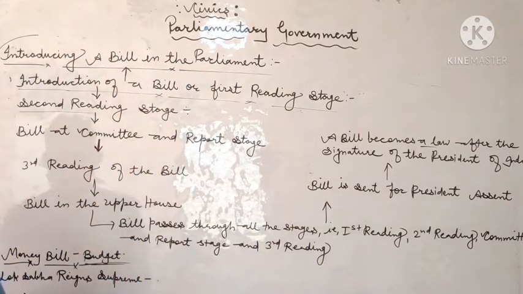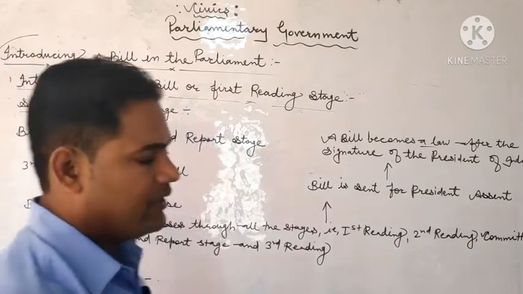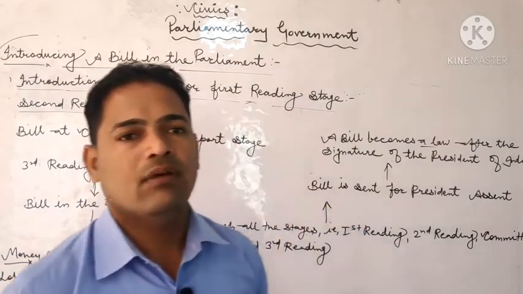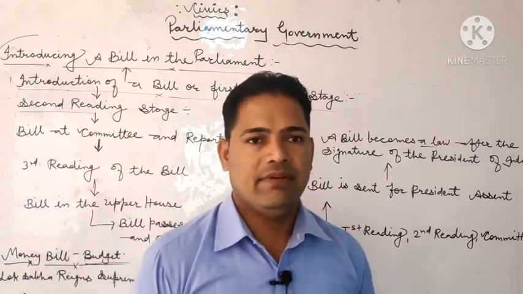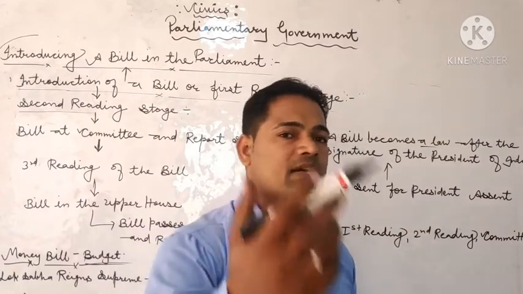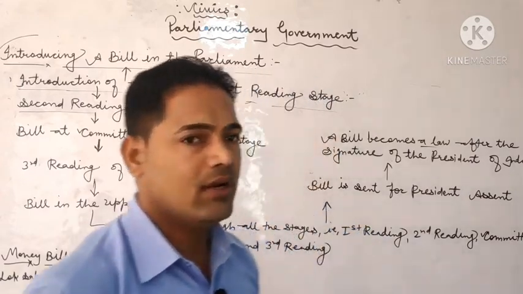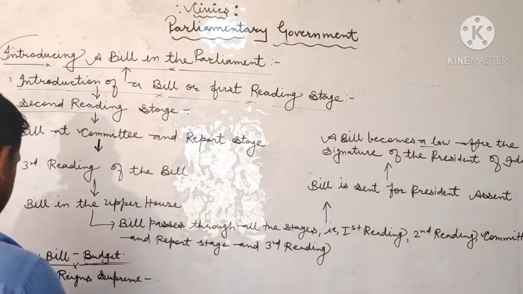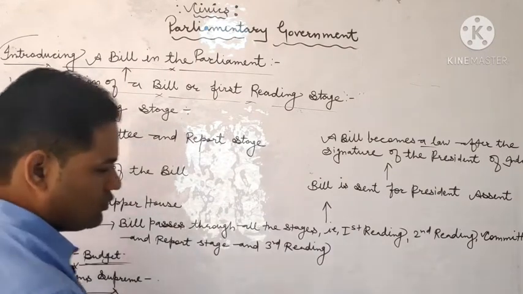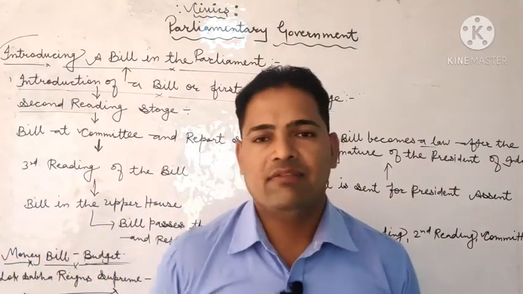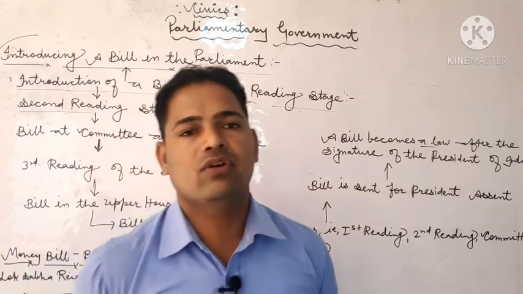Next, my dear students, why is the Lok Sabha supreme over the Rajya Sabha? The Rajya Sabha is considered the upper house and the Lok Sabha the lower house, but even so the Lok Sabha is considered supreme. Why? Because financial matters, the money bill, are with the Lok Sabha only.